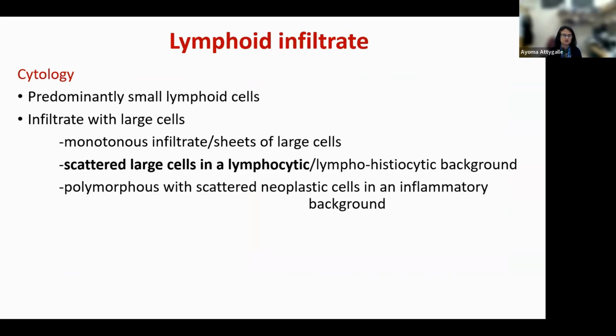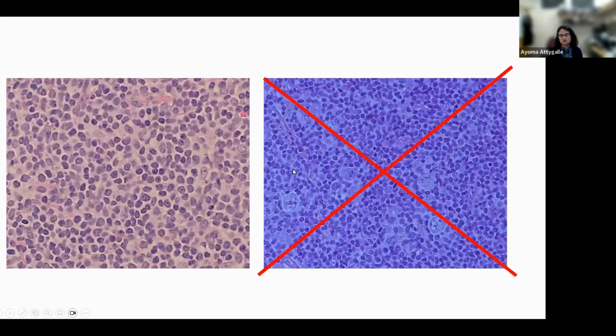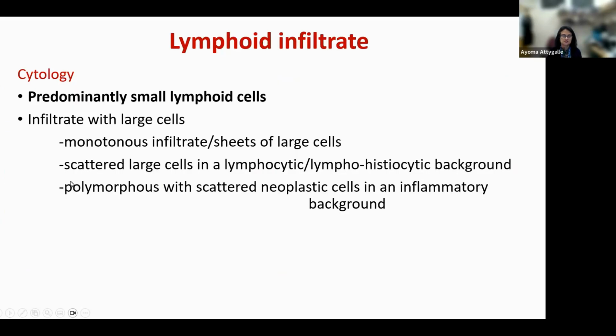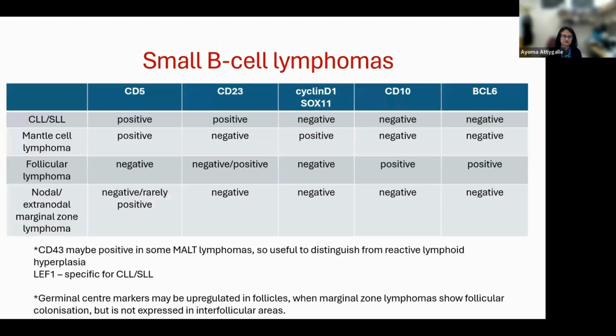So that wouldn't come under the category that we would assess, saying predominantly small lymphocytes or lymphoid cells. We would put it in this category when we are assessing it, and when we are shortlisting, it will come under this category of scattered large cells in a lymphocytic background. So we won't be touching on the cases like the image on the right, but we'll be focusing on cases which are more like the image on the left, okay, which are predominantly small lymphoid cells.